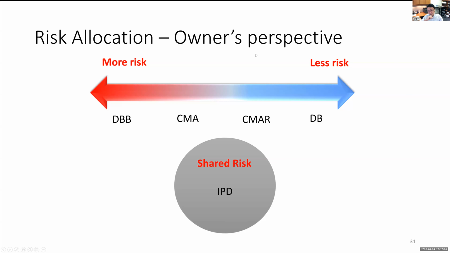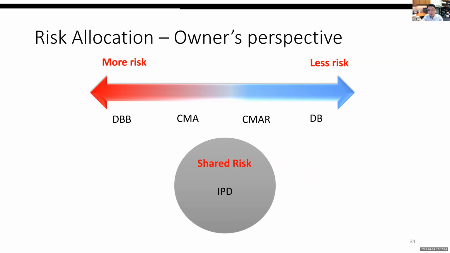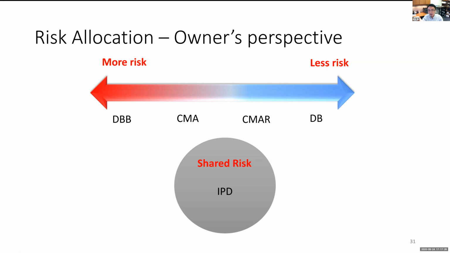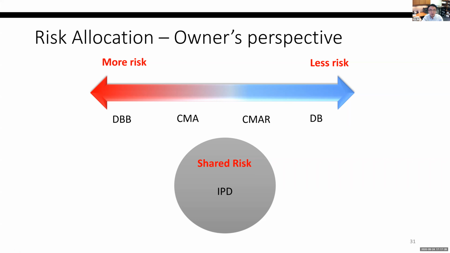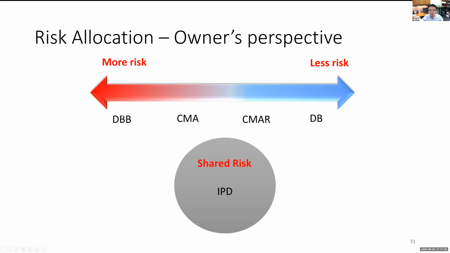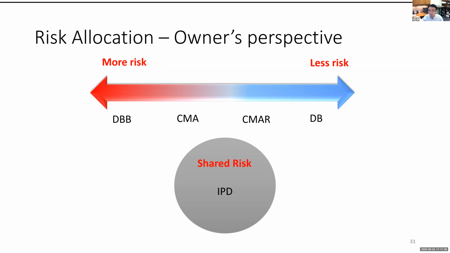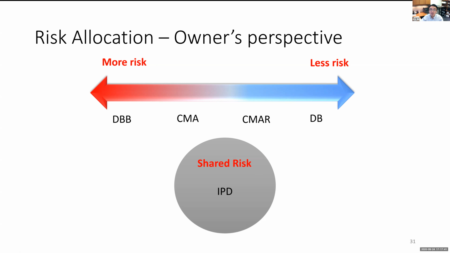So this is the risk picture from the owner's perspective. But from other parties, it's different. Let's say for the general contractor, if you have the power to set the arrangement for the entire industry, which one would you go with? If I were a general contractor, I would definitely go with DBB because I can hide a lot of my profit. This is the lump sum contract.